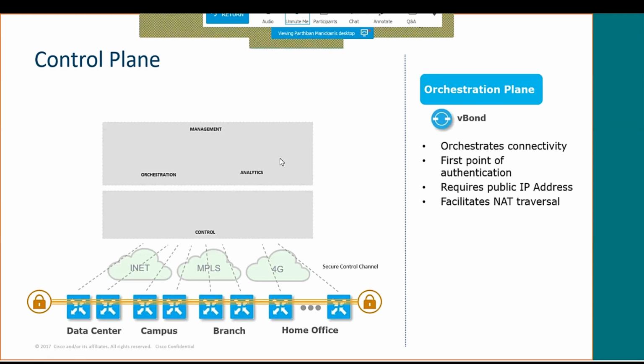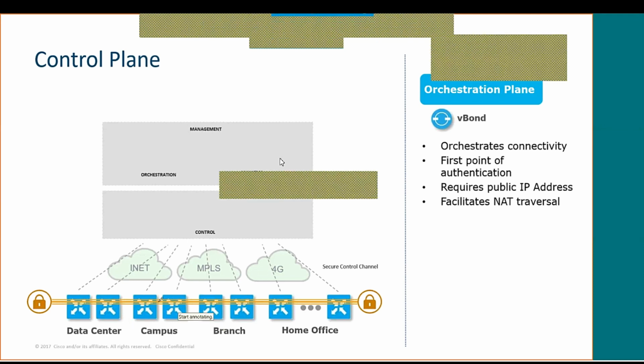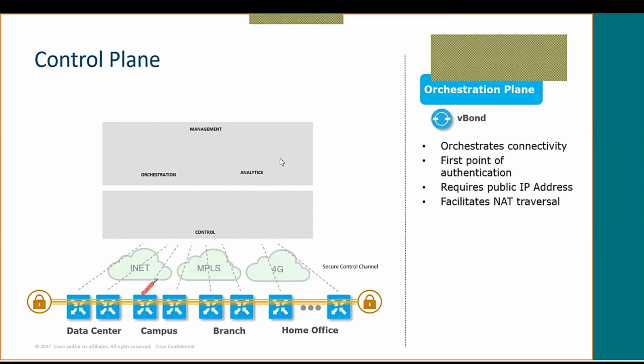If there is a situation where I have a campus and this campus does not have a direct internet access path, then these devices are behind the NAT. So WAN edges are available with a private IP configured and then a NAT public IP.